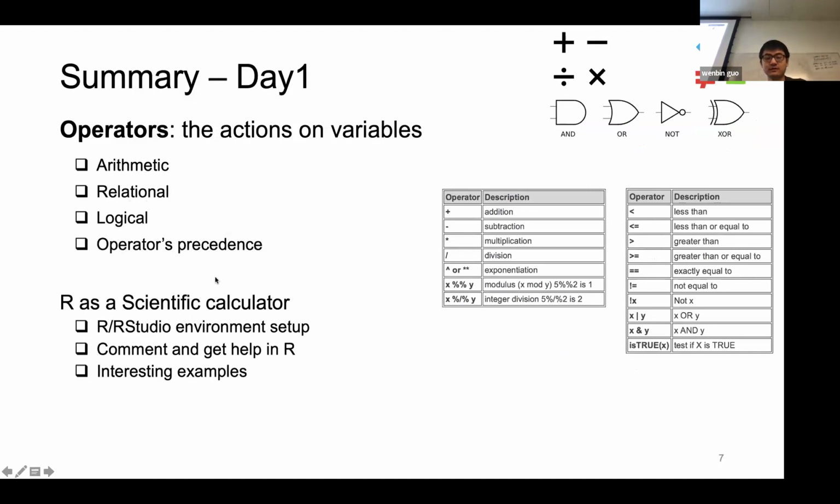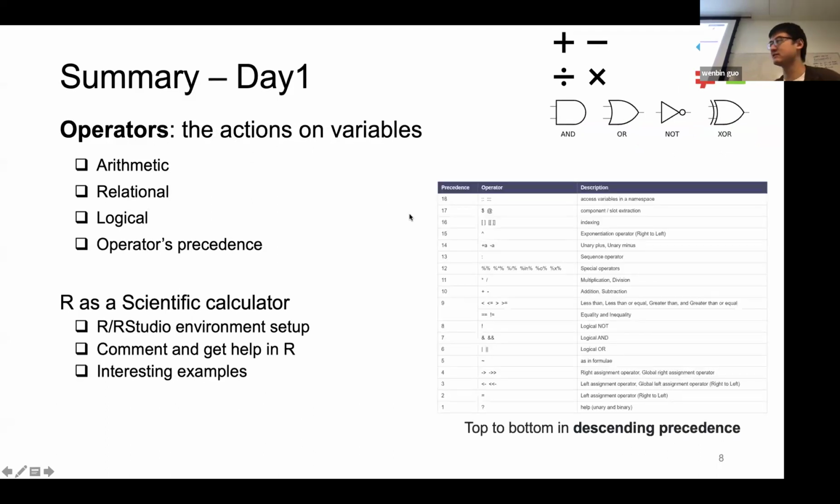And we learned about operator precedence, like when you are writing a compound condition. If you're not sure which part of your formula will be computed first, you can take a look at this table and see what's going on. And you can always use parentheses to enclose the part you want to compute first. This is a small trick.